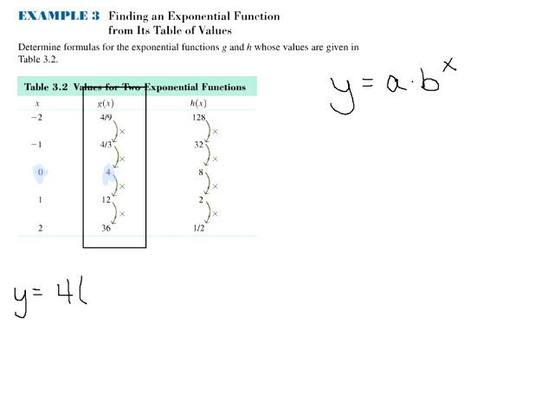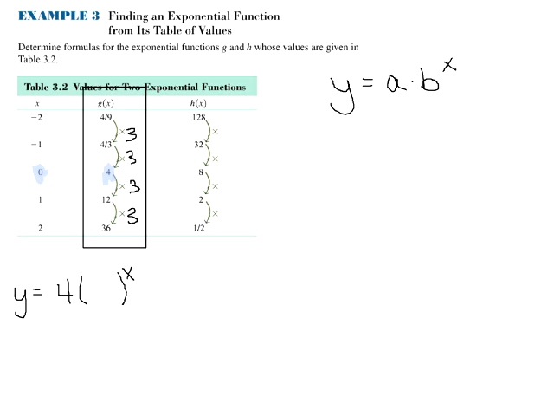B is your base. That's what you're multiplying by each time to get to the next term in your sequence. So take a look there. What are we multiplying by each time to get to the next number? Multiplying by a 3, right? And it's really easy to see up here at the larger ones, but it is happening down lower as well.